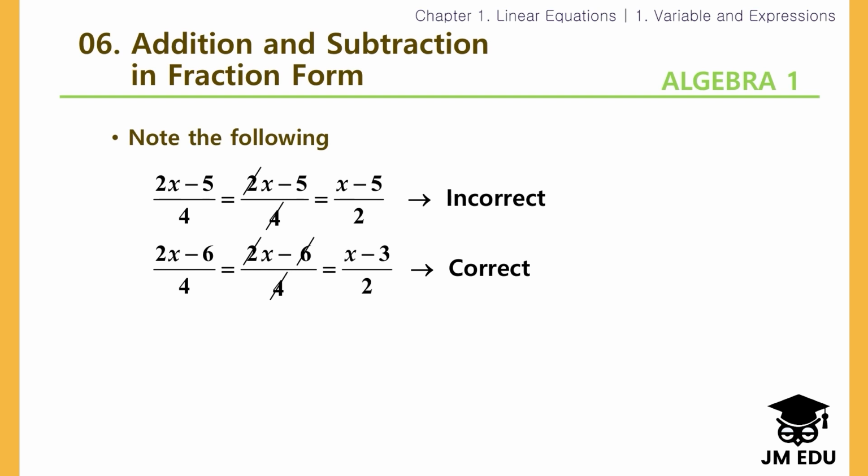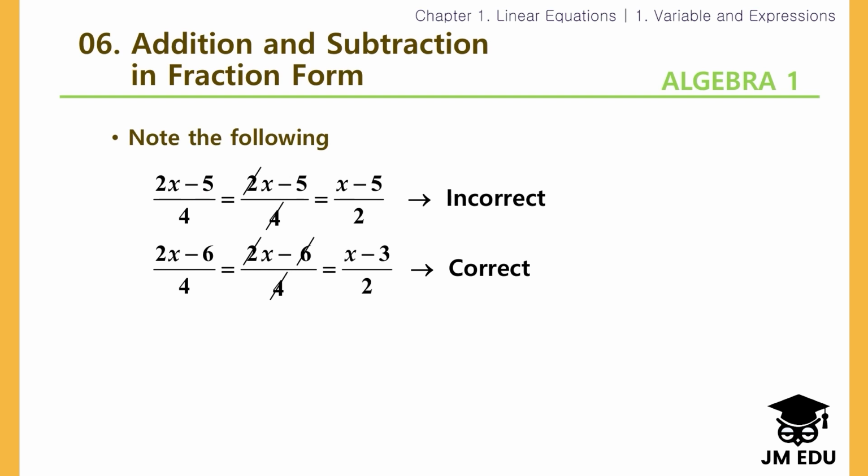There is one more thing that we have to be careful with when simplifying an expression in fraction form. It is that the numerator can be divided only when all the terms of the numerator are divisible by the denominator. So when we look at this expression right here, this expression cannot be simplified because this numerator and this denominator, they are divisible by 2, right? But 5 is not divisible by 2.